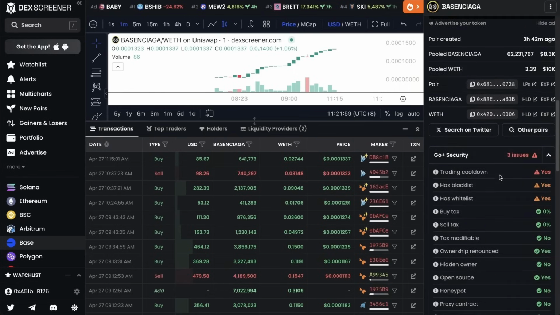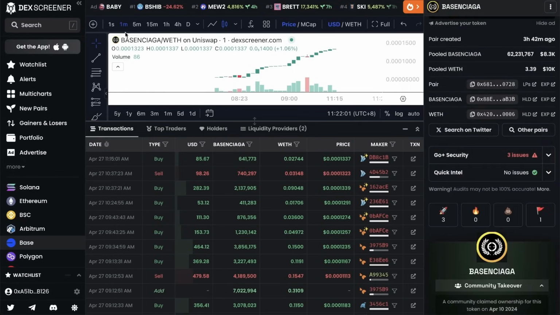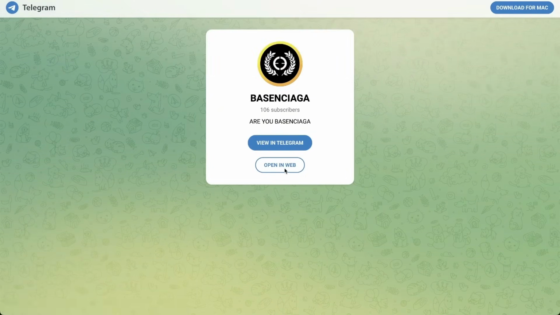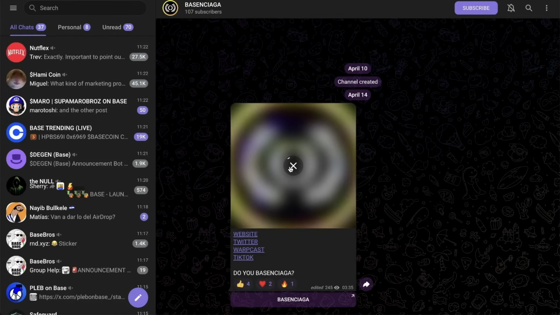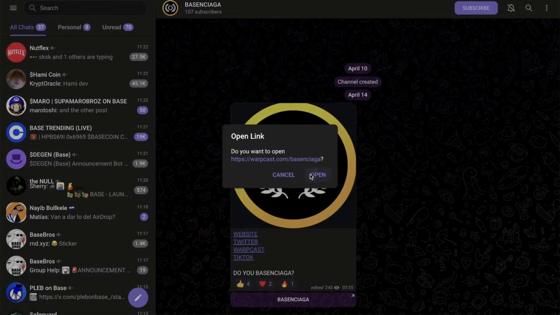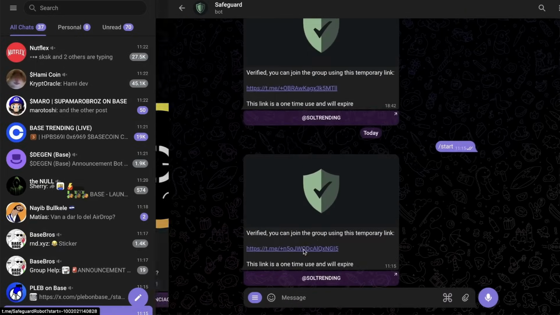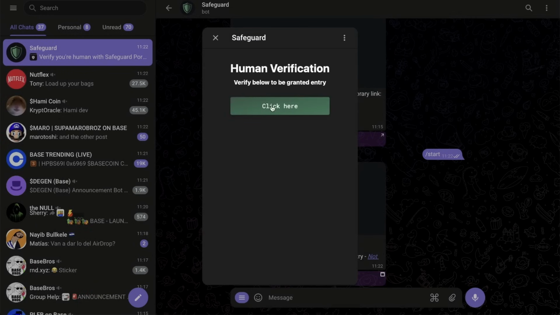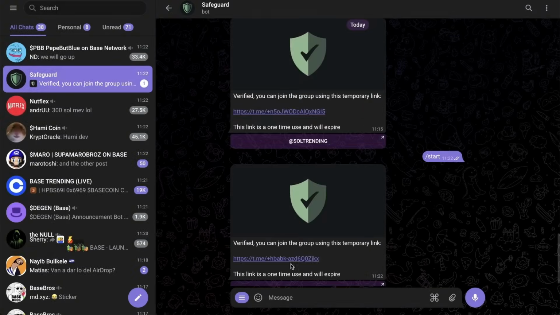We can see trading cooldown, blacklist, whitelist. Okay, I will open in web, and here it's something pretty bad, unless they do it on Rapcast. What do we have? Okay, we get the group, verify, safeguard.